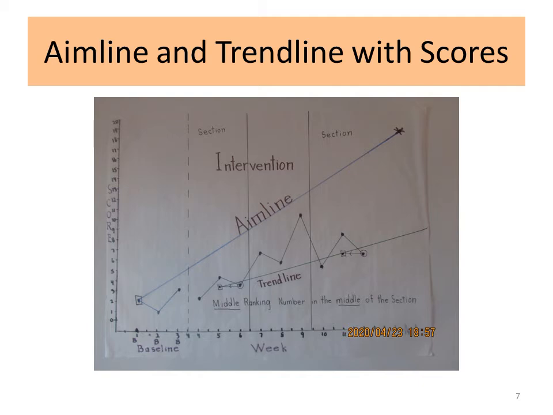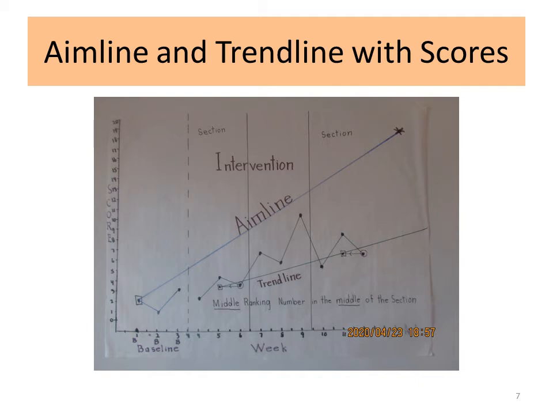So what I do then is I draw a circle around that middle ranking number, which is 3, and I pretend that I move it over into the middle of the section so that now it's kind of in the middle.